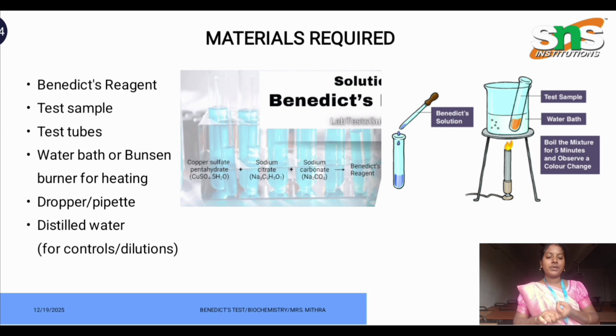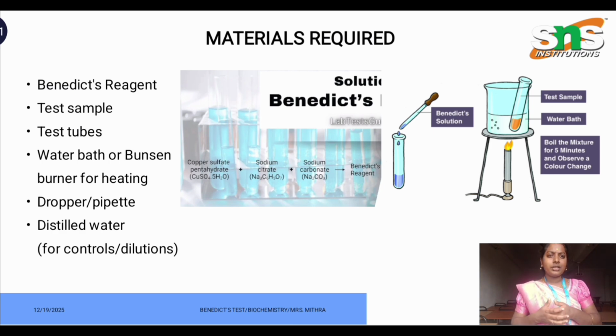For this test we need test tubes of any size, and most importantly a water bath or Bunsen burner for heating that solution. Then a dropper or pipette, to add the sample and Benedict's reagent, and finally distilled water. This distilled water is for control purposes, where you can compare our result with our control.